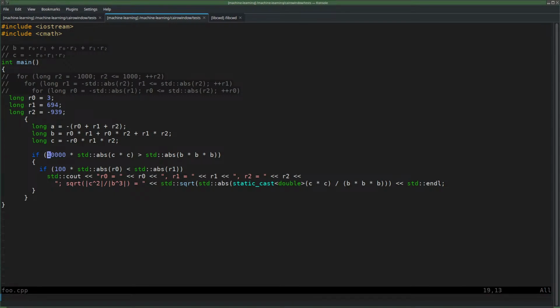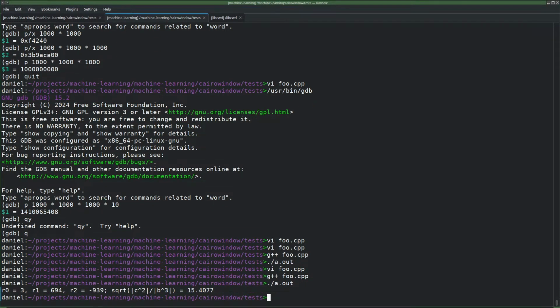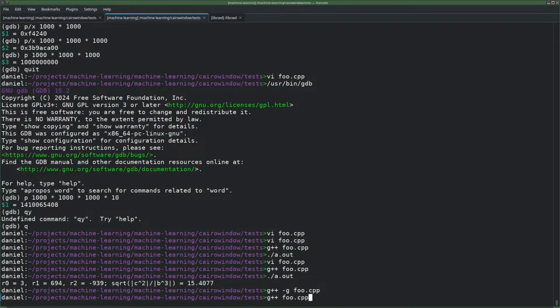Okay, so now we do not trigger this. So I want to switch back to int to understand this thing. Okay, it prints 15. Why does it print 15 though? I'm still not getting that.